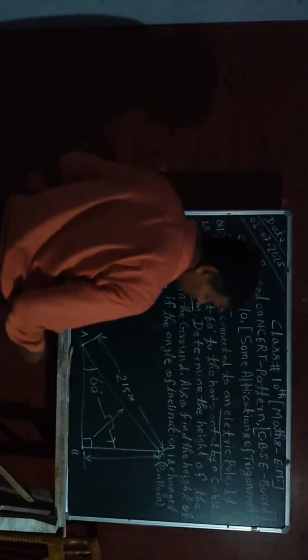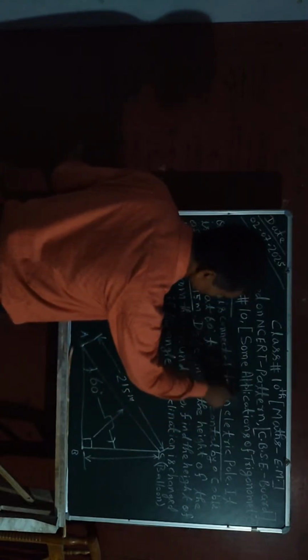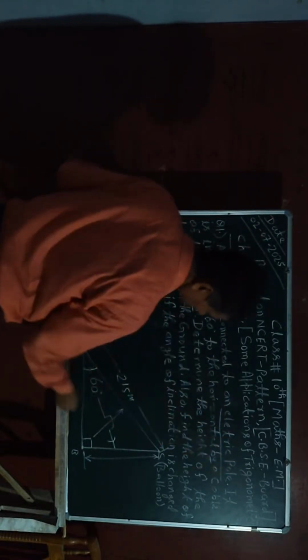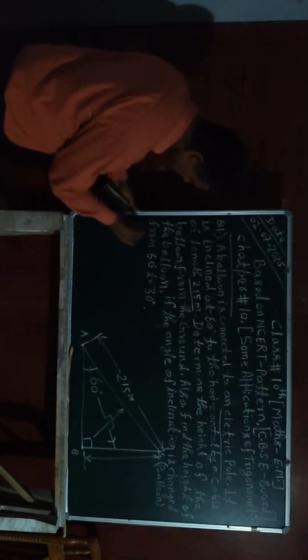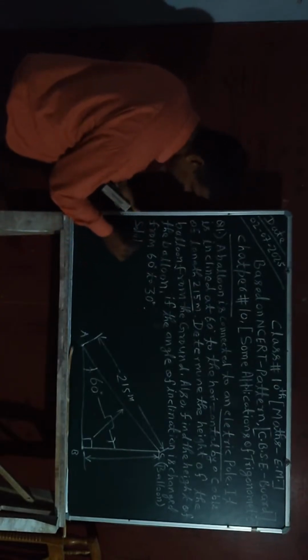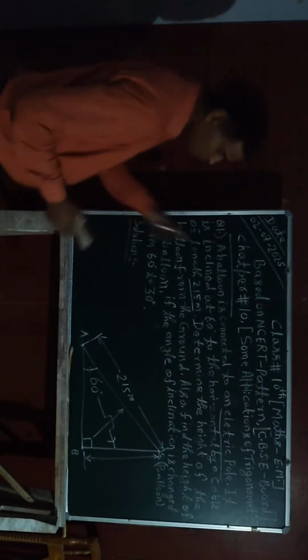So I use Pythagoras theorem for getting the length, and I will also use trigonometrical ratio because here is some application of trigonometry. So I will use trigonometrical ratio to find the length BC. Okay. So here I will write solution. According to the question I have drawn this length.